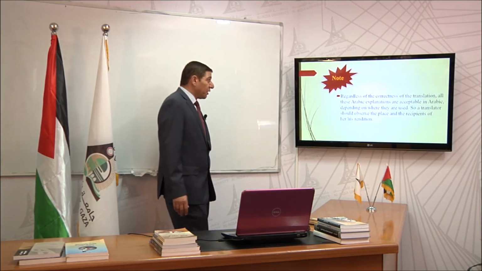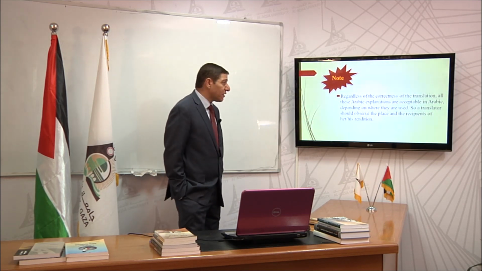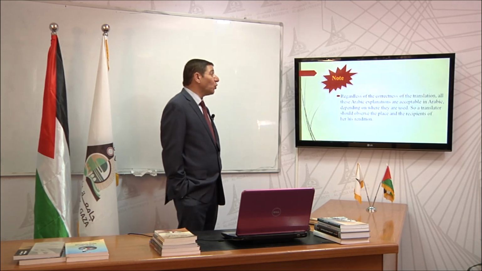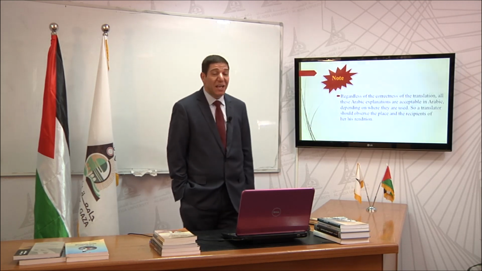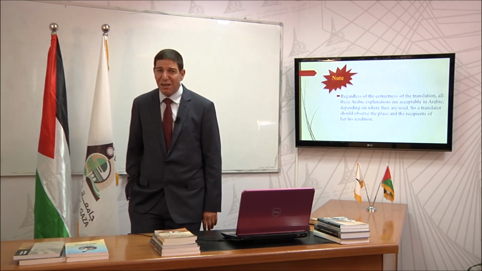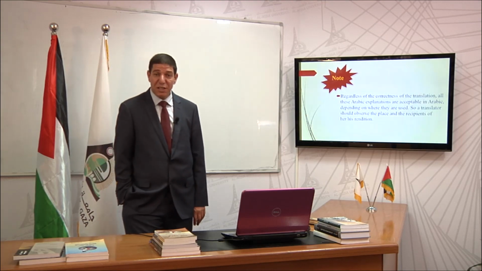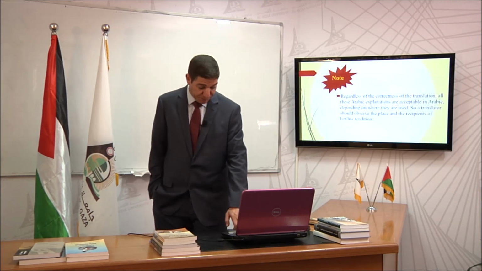Note, regardless of the correctness of the translation, all these Arabic explanations are acceptable in Arabic, okay? Depending on where they are used, so a translator should observe the place and the recipients, and I add the commissioner, the organization that commissions you to translate, of your rendition.